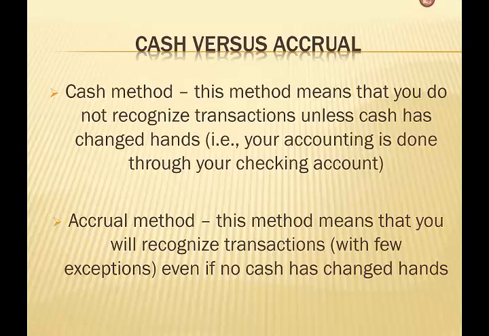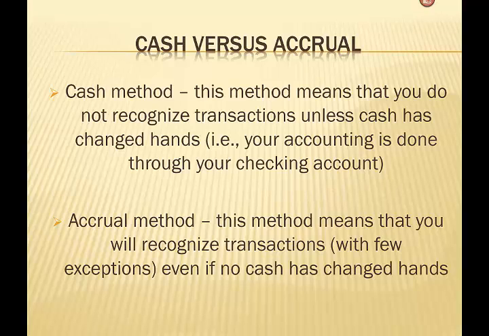Hi, today we're going to talk through an example where we work through the cash method of accounting versus the accrual method of accounting. A cash method of accounting just means that we won't recognize any transaction unless it actually has cash exchanging hands. Think of this as your checkbook.